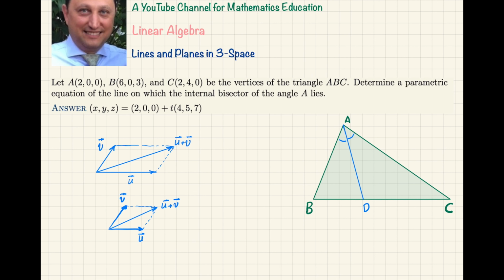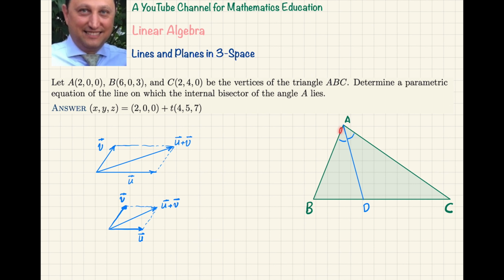So I need two vectors with the same length, one on AB and the other one on AC. The natural choice would be the unit vector lying on AB.